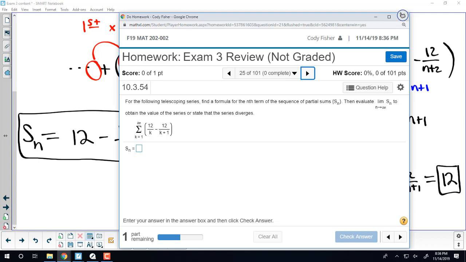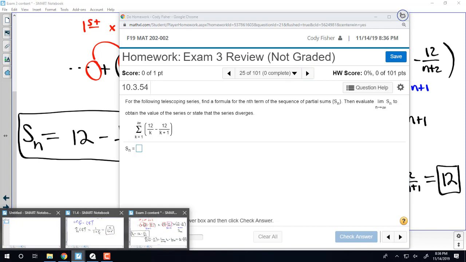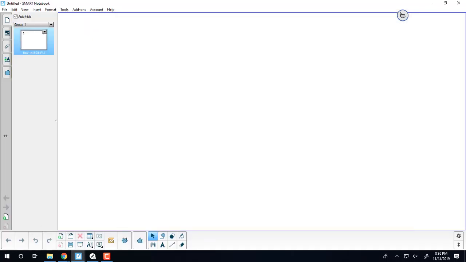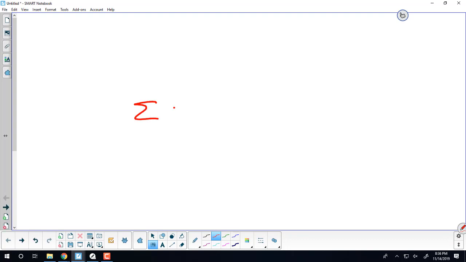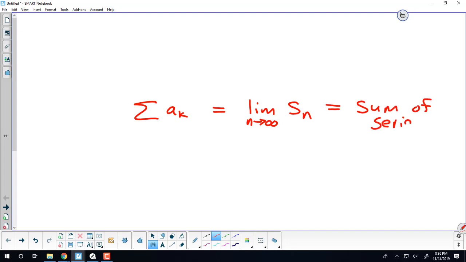But the overall idea with any series is that if you know the formula for the nth partial sum, then you know the sum of that series. That's really the main idea. And we could stop this at n if it's an infinite series, because this is the same thing as saying this right here.